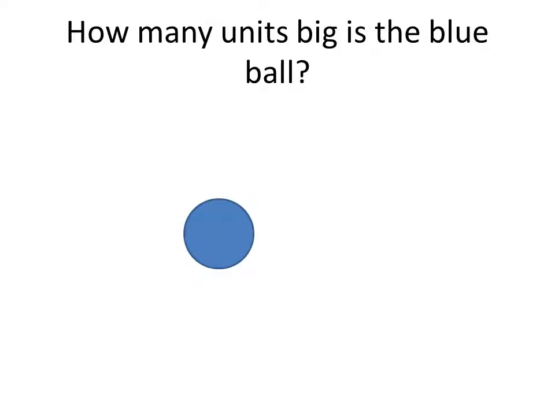So here's the problem in abstract. I ask you, how many units big is the blue ball? Hopefully you'll say that's preposterous. What kind of units? I have no reference, and so forth. So you need a reference. What if I tell you that that green circle is 2 units big?